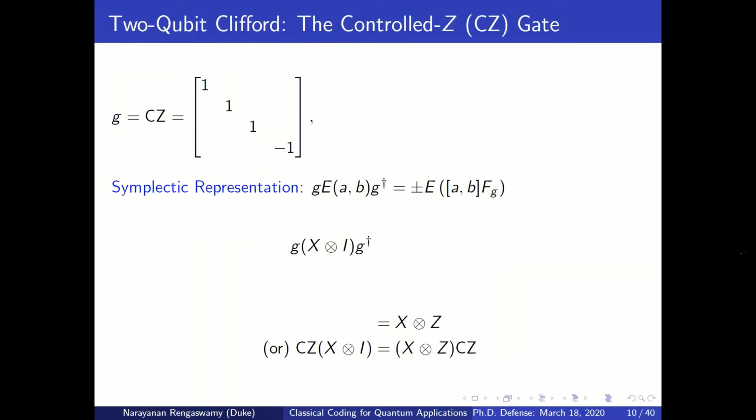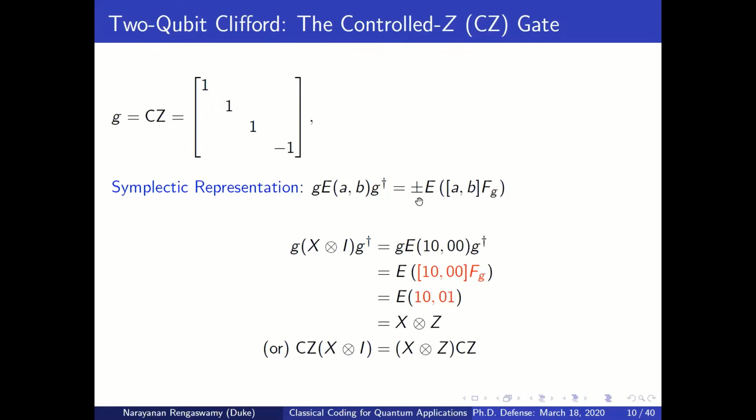Okay, so I introduced a bunch of things, so let's just do an example. Control Z is a 2-qubit Clifford operator. So this is the unitary matrix representing the operator. You can do a calculation and show that if you conjugate this Pauli matrix by the control Z, you get X tensor Z. Now let's fill in the details. X tensor I can be represented as this binary vector, so X on the first qubit and nothing anywhere else.